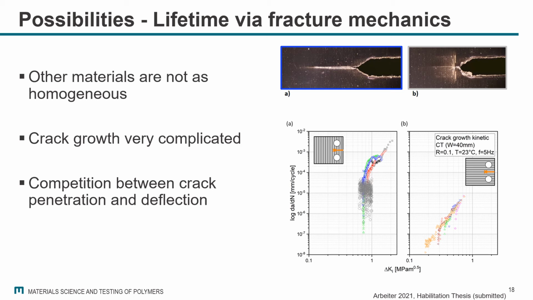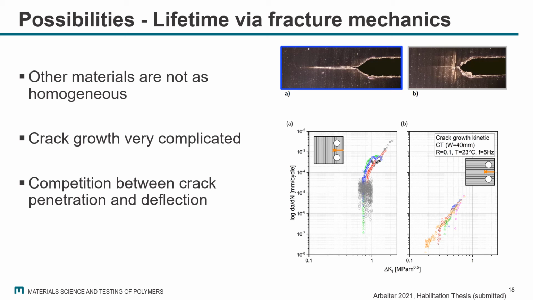Regardless of the starting value, we always reach the same crack growth kinetic power law, and the crack grows through the material quite easily. On the other hand, shown in the left region of the graph, we can see if the crack grows perpendicular to the printing orientation, we again get a quite complicated crack growth and crack advancement because we have this competition between crack deflection and crack penetration.